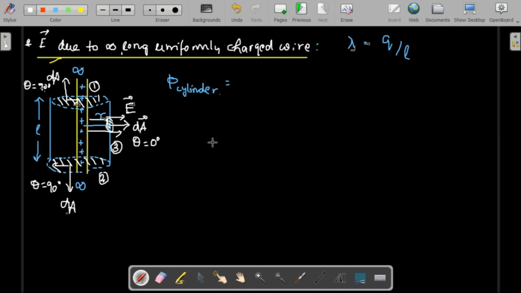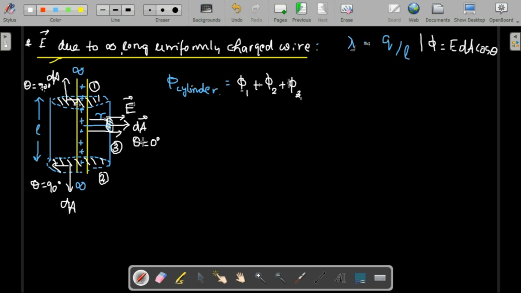Now if you want to find out what is the flux coming out of the cylinder, we have to consider these three surfaces, phi 1 plus phi 2 plus phi 3. And when we are considering something as phi, it means that this is nothing but E dot dA, meaning E dA cos theta. So we know what theta is.